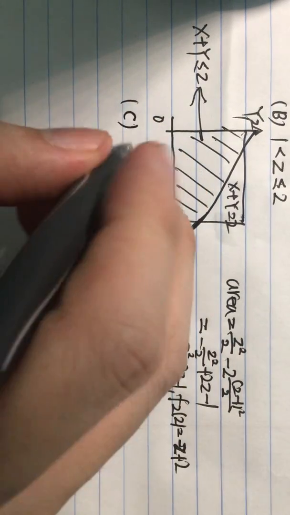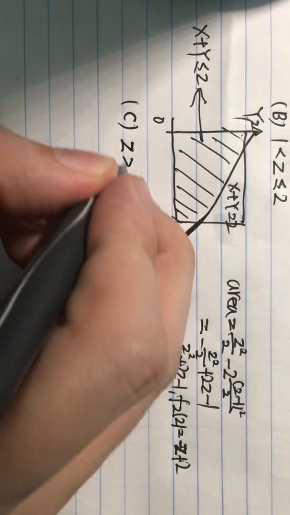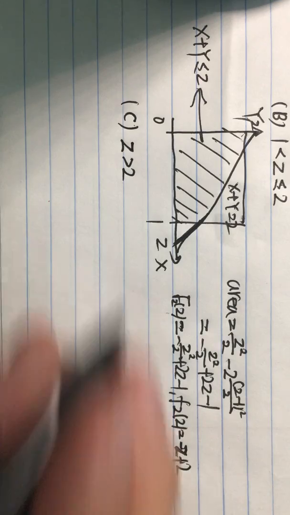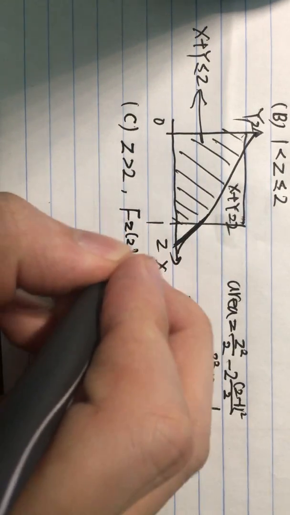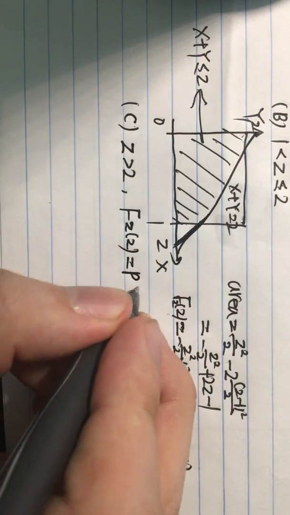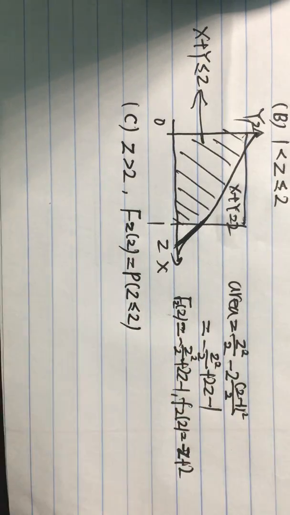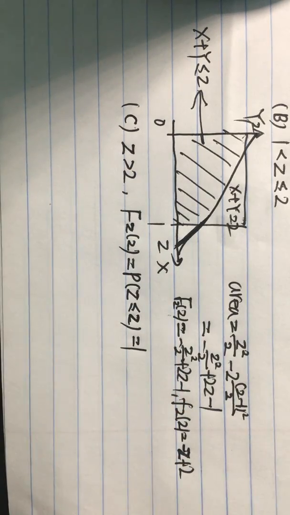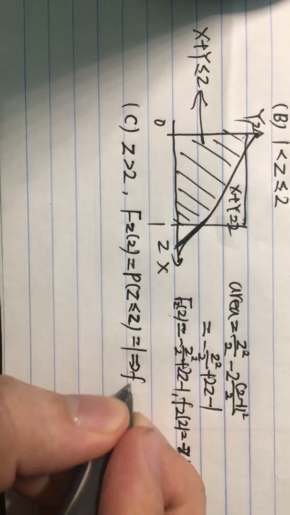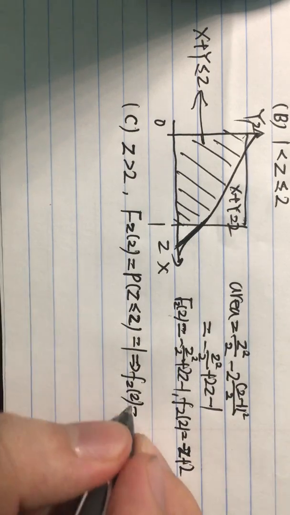And last, for z larger than 2, we know the distribution function is apparently equal to this, and obviously it equals 1, so the density function should be equal to 0.